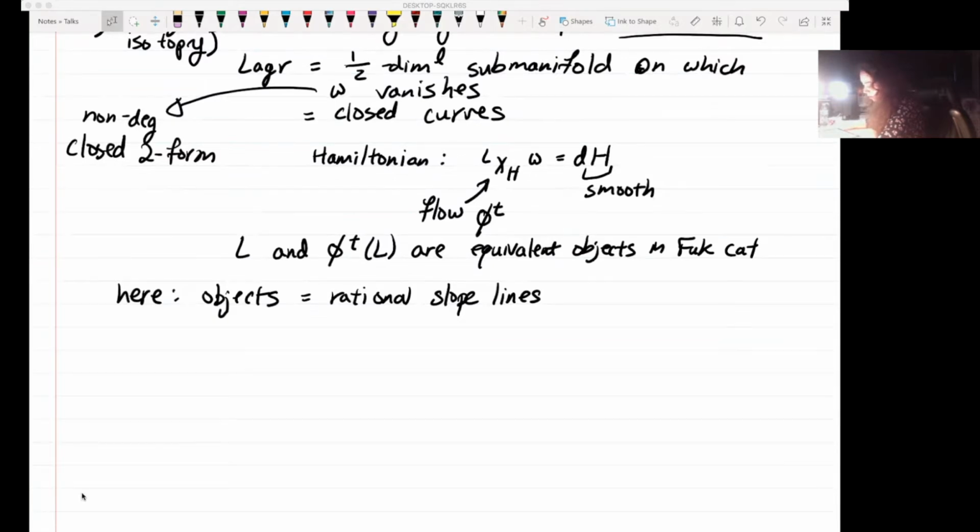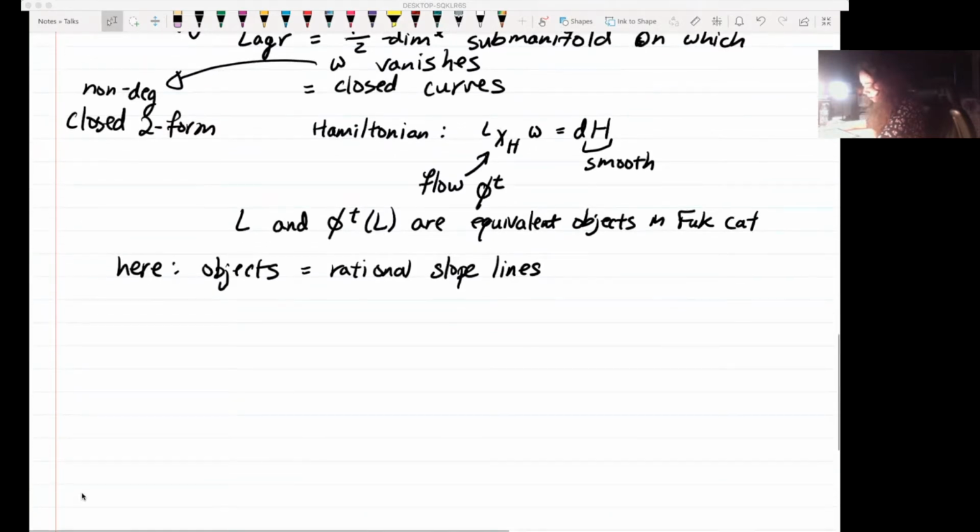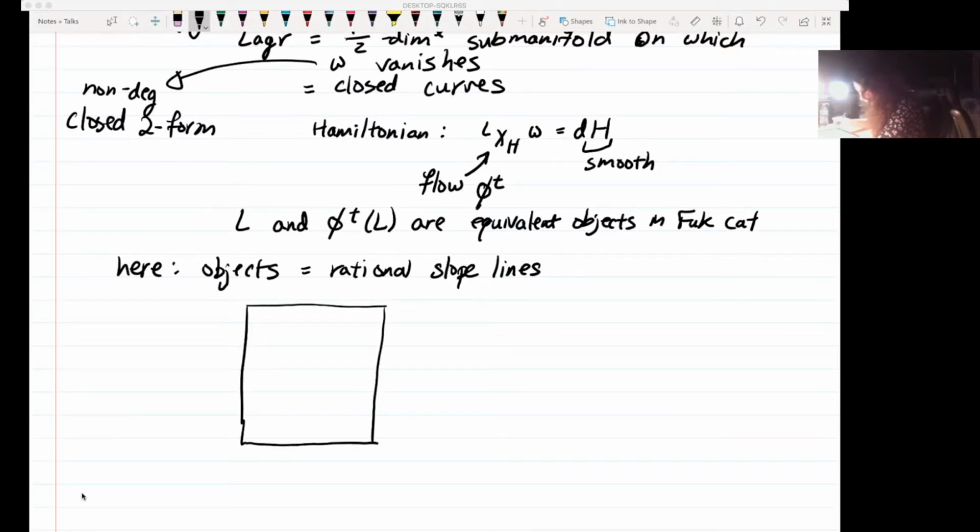And this looks like the following. So we'll call the one of slope 0 L0. The one of slope 1 we'll call L1. Then here's the one of slope 2. This is wrapping around the torus twice.